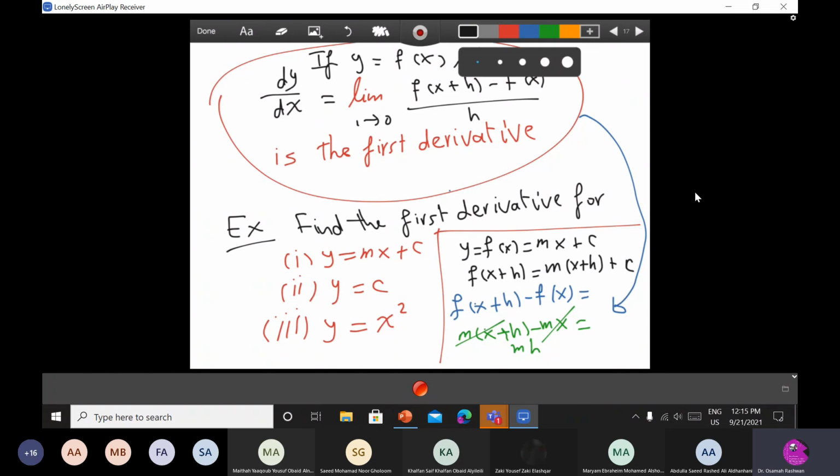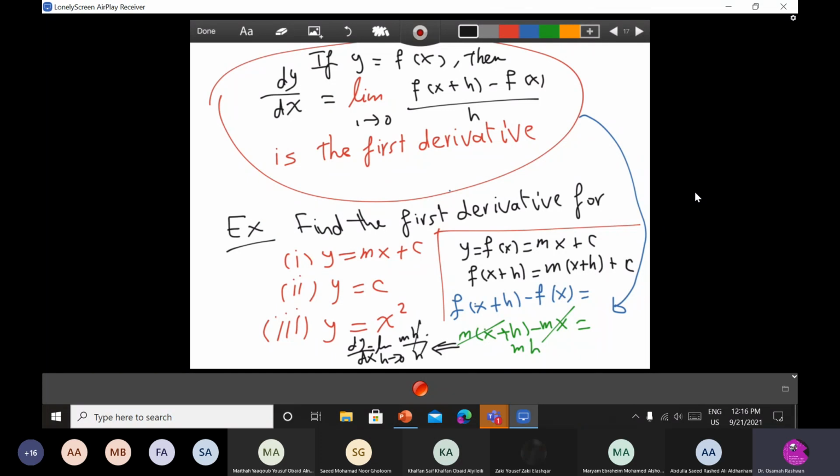Now I substitute here. So what do you have? The first derivative dy by dx equals, up to this definition, the limit when h tends to 0 of mh over h.